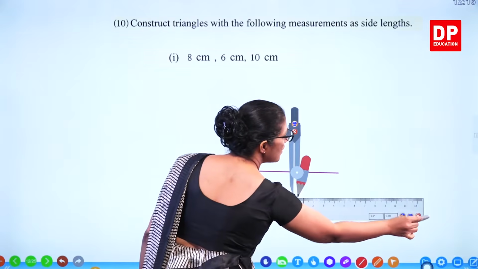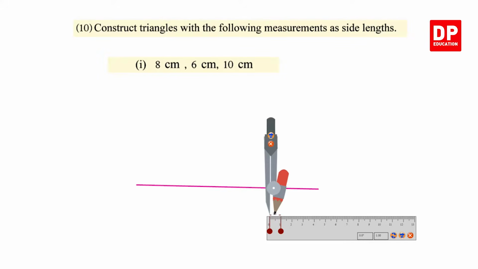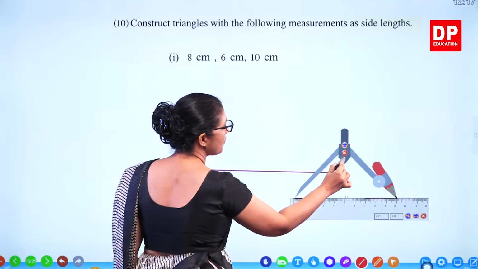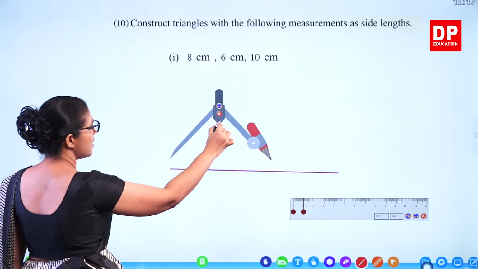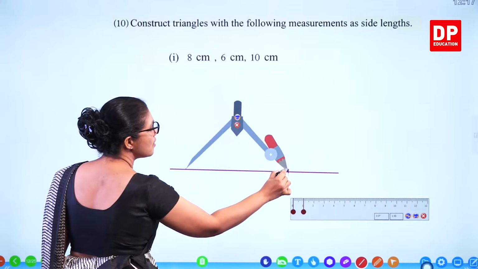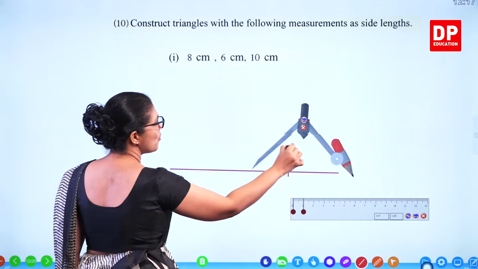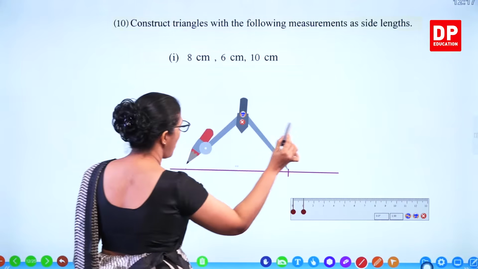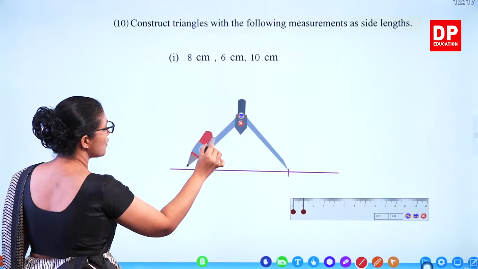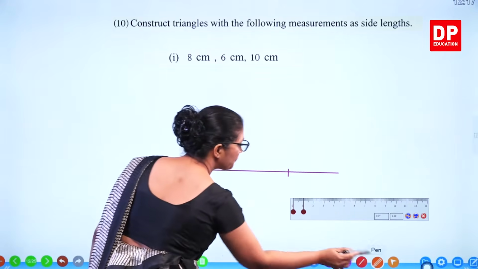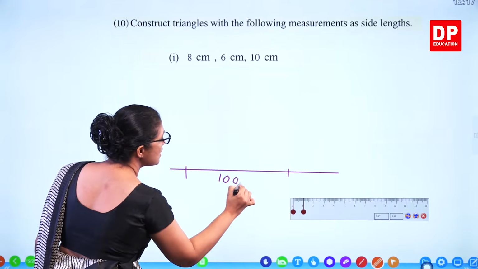I'll increase this so you get 10 centimeters, and you take it and keep it on the line and just mark the two lengths. So both sides you have to keep and draw the two arcs. So that's 10 centimeters.